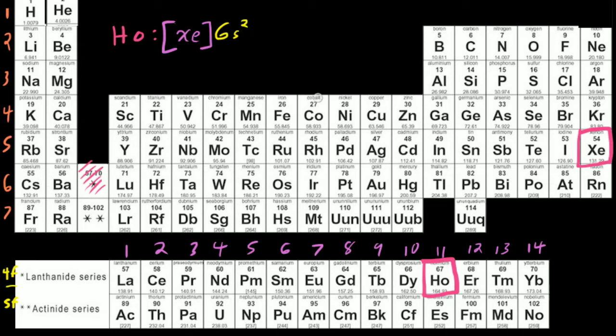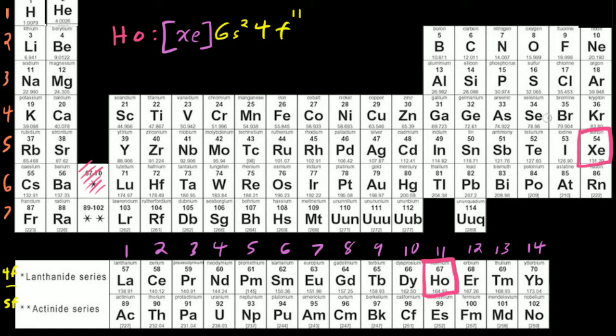So anyway, in our electron configuration, we're going to have 4f. And then how many electrons are we going to need in this 4f orbital? Well, you can see I've numbered across the F block, so we can just count across, and we can see that Ho is under the 11th place in the F block. I'm still maybe just a little sick, but anyway, we can count across, and we can see that Ho has 11 electrons in this 4f orbital.